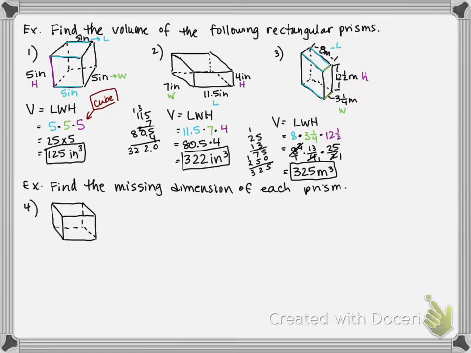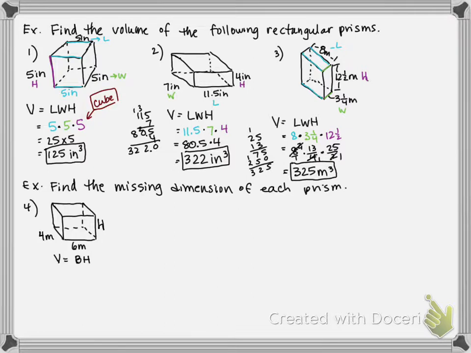Okay, and then it's going to tell me over here is 4 meters, over here is 6 meters, and here is H. Now your book is going to use lowercase, but I'm going to use uppercase, okay? And they're going to tell me V equals BH. And that's the area of the base times the height of the prism.